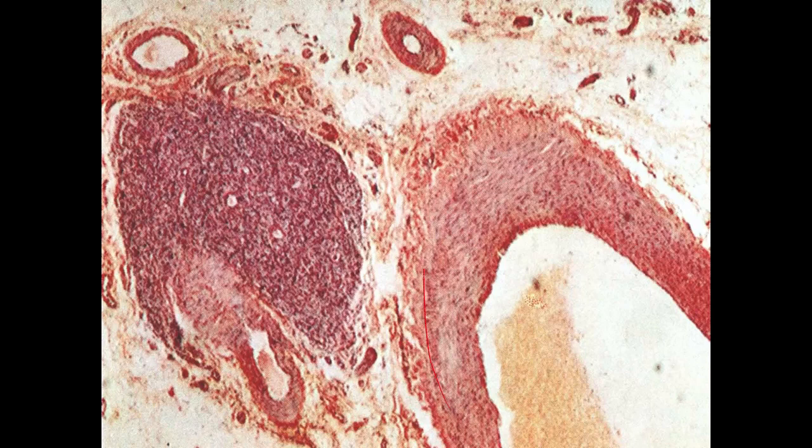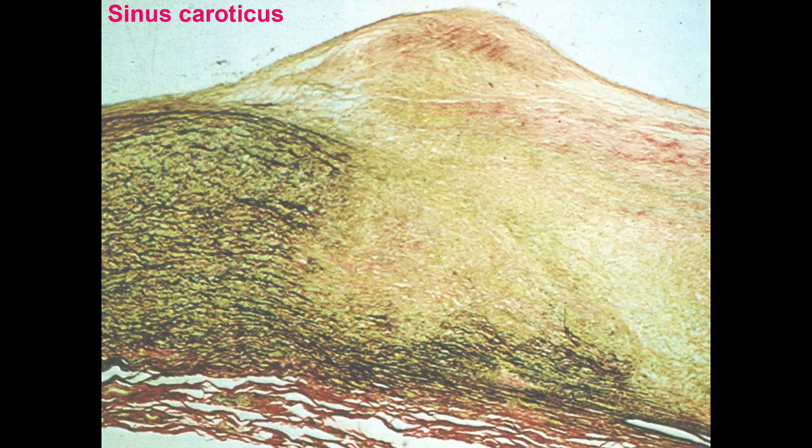We have some kind of artery here, probably the carotid artery or a branch of it, and we have an accumulation of neurons very close to that. These are the ganglionic cells of the glomus caroticum. We also have the sinus caroticus. The sinus really looks like a widening of the artery.